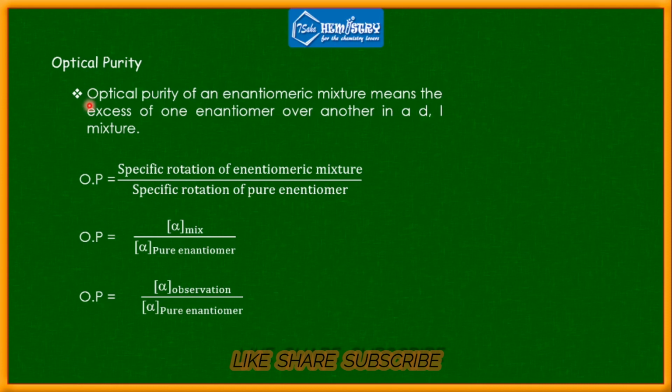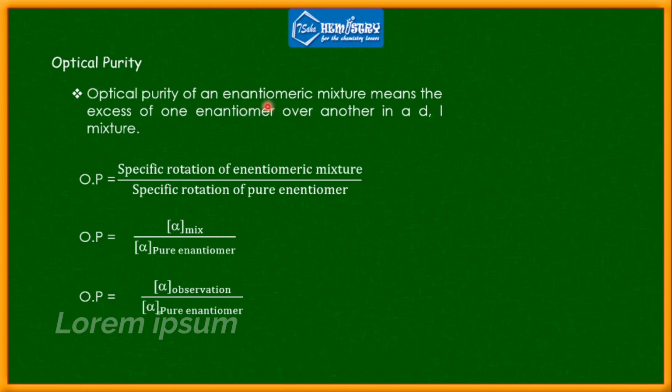Okay. Now, what is optical purity? Optical purity of an enantiomeric mixture. Enantiomeric mixture means you are having some amount of D isomer and some amount of L isomer, right? It means excess of one enantiomer over another in a DL mixture.